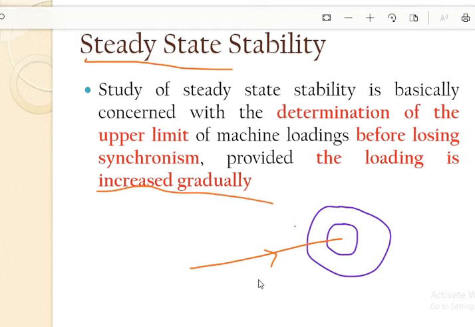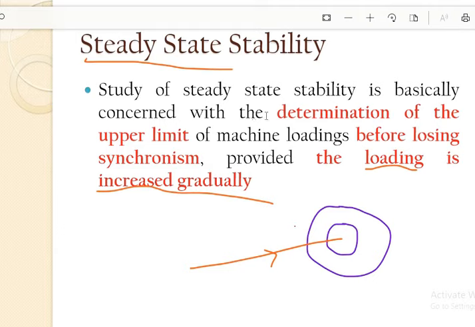So I have mentioned some disturbance. The disturbance is nothing but the loading on a particular machine. If you are increasing the load on a machine, obviously the machine will have a tendency to move out of synchronism. If you increase that load gradually, for some disturbance it will adapt, but later on, if you further increase the loading beyond a particular limit, that machine will move out of synchronism.